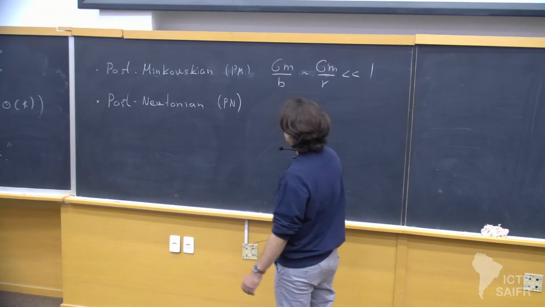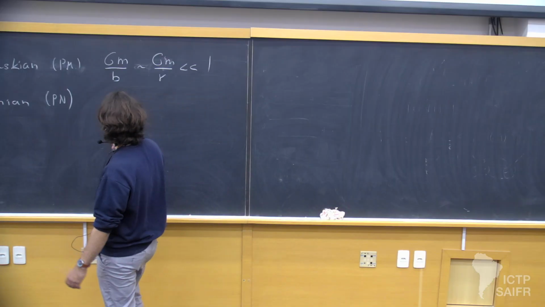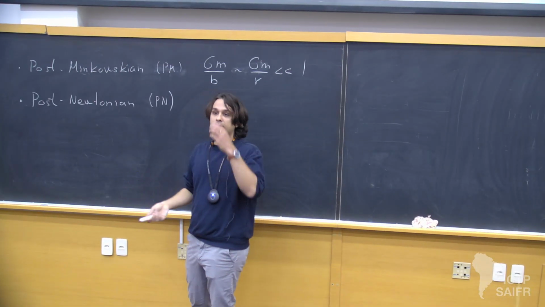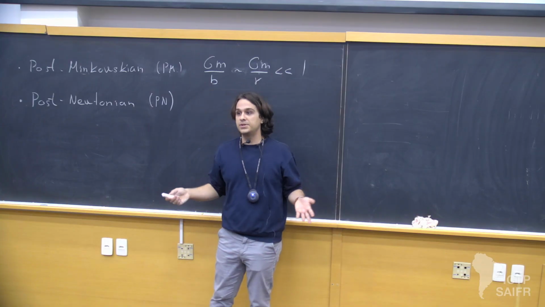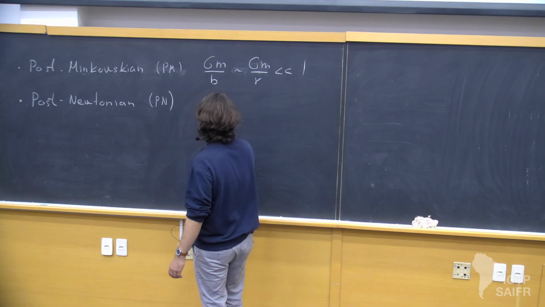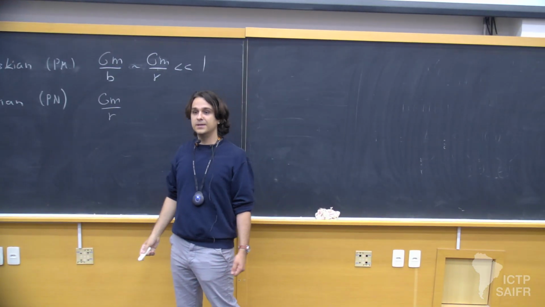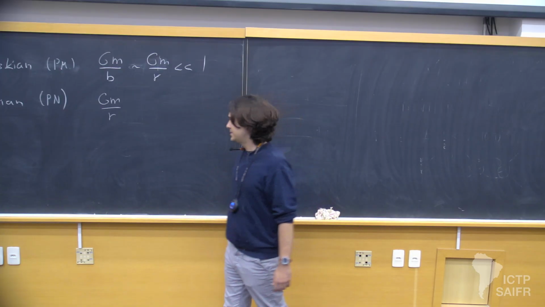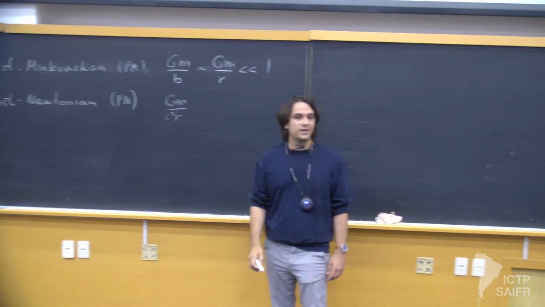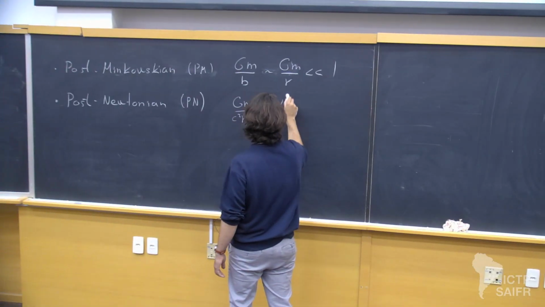Okay. So post-Newtonian is also expanding in small velocities, right? Because for a virialized system, the kinetic energy is of the order of the potential energy. So for any bound system, we expect that GM over R, and now let me put back the factors of C in the Schwarzschild radius. Secretly, there's a C squared in the Schwarzschild radius that we always forget about because we said C equals 1. So this is going to be of the order of V squared over C squared.